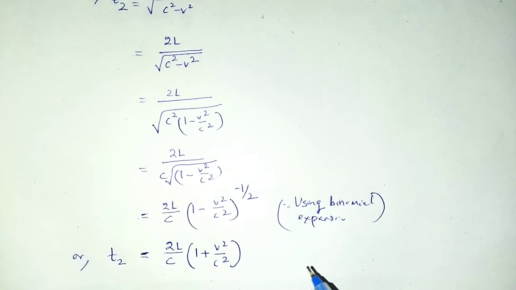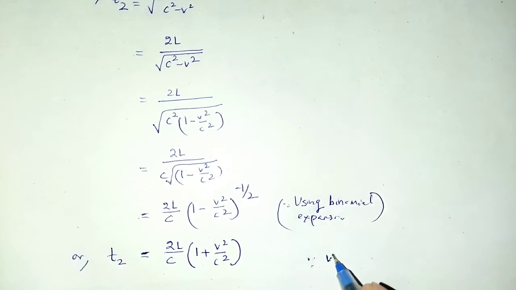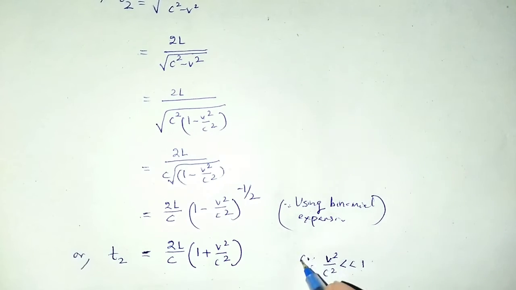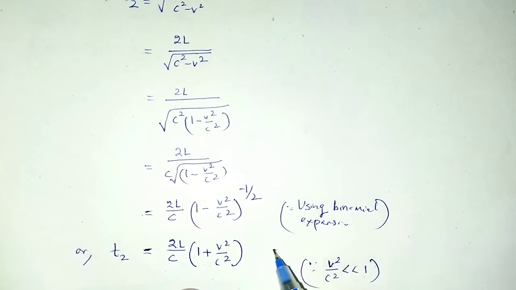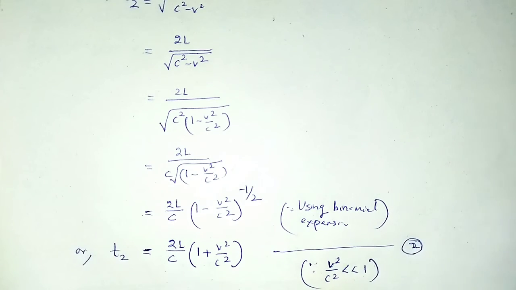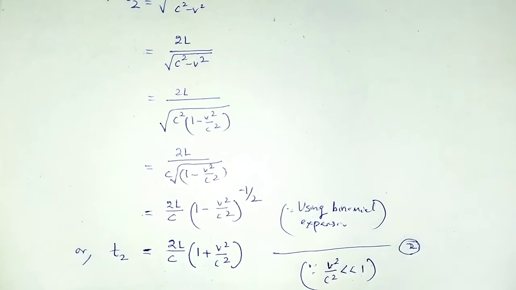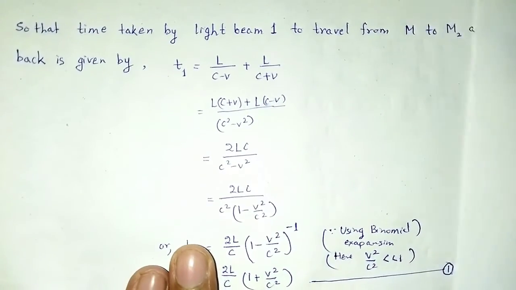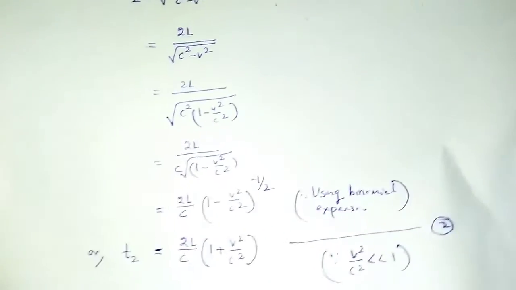From the binomial expansion formula, using the concept that v square by c square is very less than 1. This is equation number 2. Now we find the value of T1 from equation 1 and the value of T2 from equation 2.